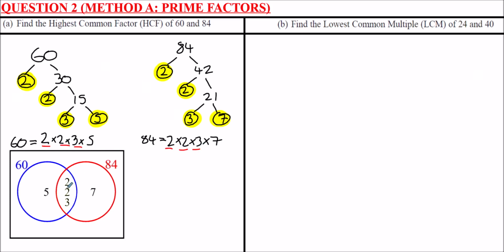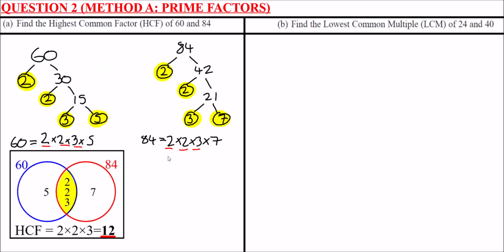So 2 times 2 times 3, that's going to be our highest common factor. 5 and 7. 5 is only common to the factors of 60. 7 is only common to the factors of 84. So 5 and 7 aren't common in each. So therefore, the highest common factor is just what we get when we multiply the numbers in the middle together. So it's 2 multiplied by 2 multiplied by 3. Therefore, the highest common factor of these two numbers is 2 times 2 times 3, which gives us 12.